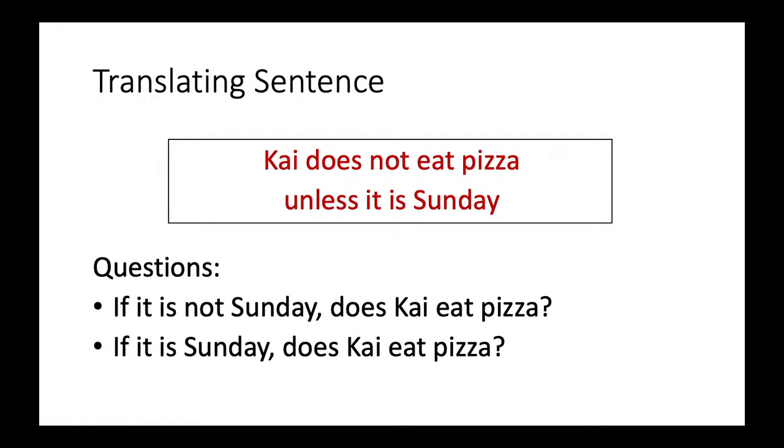So if it is Sunday, Kai may eat pizza, or Kai may eat other things, or Kai may eat nothing, right? So even if it is Sunday, we still do not know whether Kai will eat pizza or not. So this sentence does not have any relationship with the above sentence here.